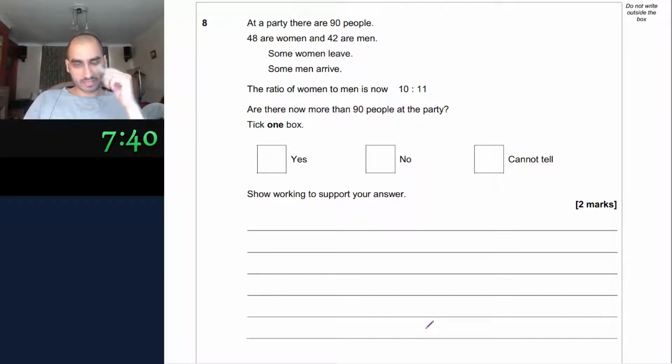The ratio of women to men is now 10 to 11. Are there now more than 90 people at the party?